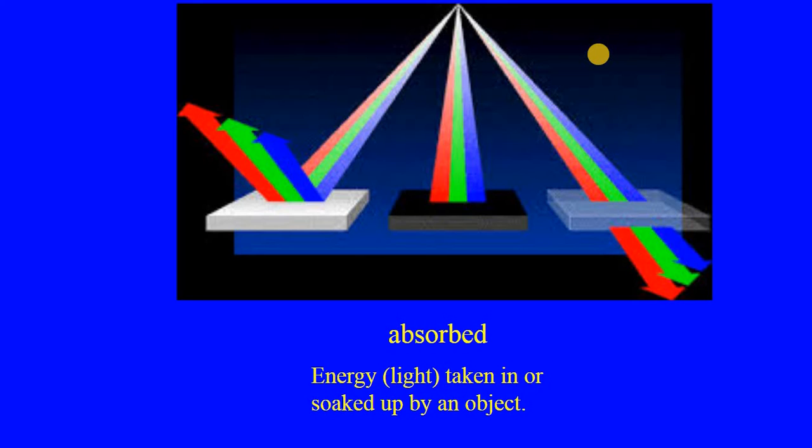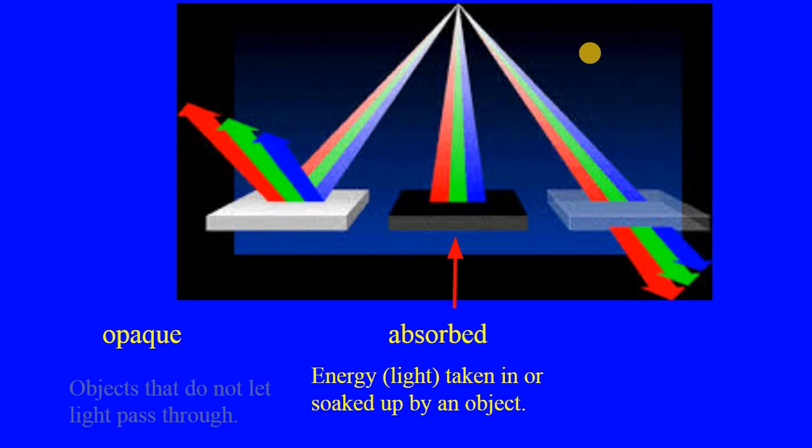You see a rock out in the sun, it'll start to absorb the heat, and eventually it'll start getting a little bit hot. So it absorbs heat during the day and it releases the heat at night. So that's very interesting. That's an example of an object that absorbs the energy taken in. The next one is opaque.